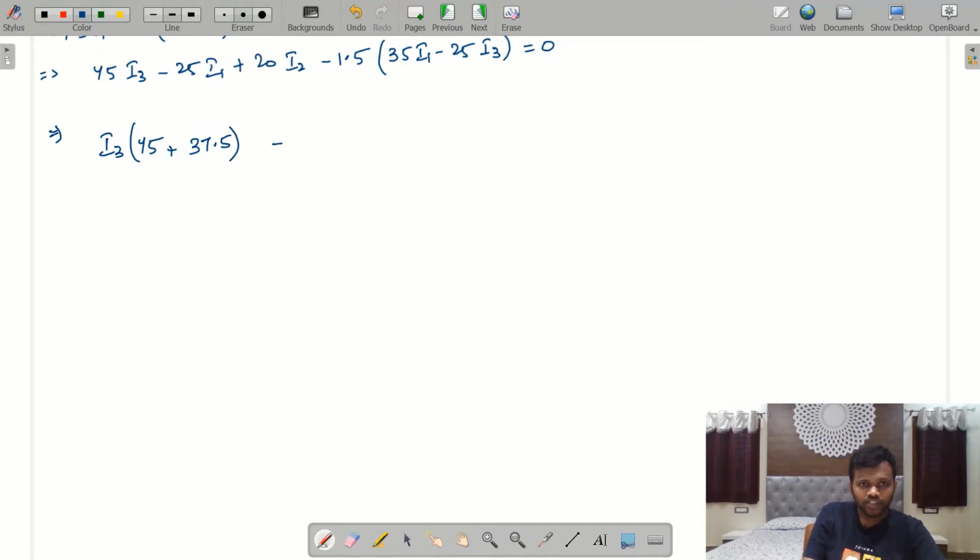Bringing 25 I1 to the other side, plus 25 I1, and 35 into 1.5 I1, so plus 52.5 I1 minus 20 I2.